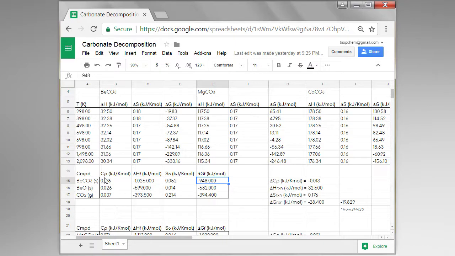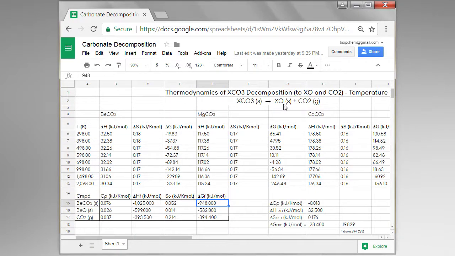And through that then, we're looking at the same reaction, so for this reaction, we can take the formation enthalpies and entropies of the products minus the reactants to get the overall change in energy for this system. And we can do that at a bunch of different temperatures. That's a lot of repetitive calculations, right?